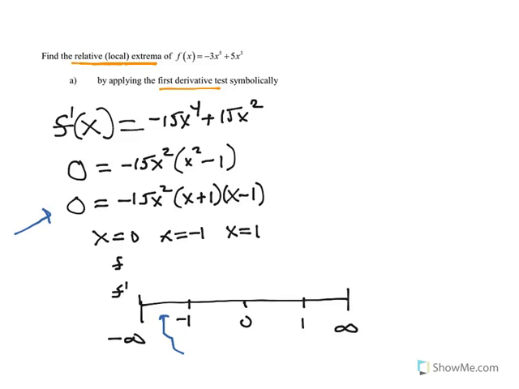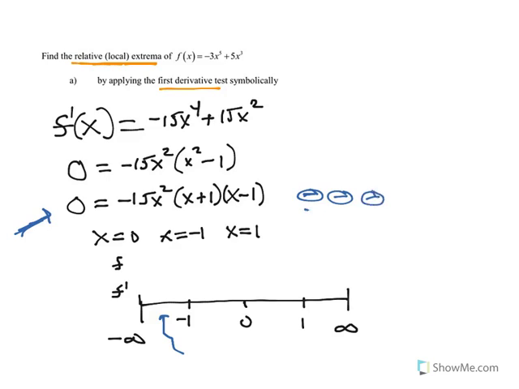So if I put a negative 2 back into this particular form, negative 2 going into the square is going to make it positive, and then a positive times negative 15 is a negative number. And then if I put negative 2 into the second factor, you're going to get negative 2 plus 1, so that's going to be a negative number. And then if I put negative 2 into the third factor, you're going to get a negative number.